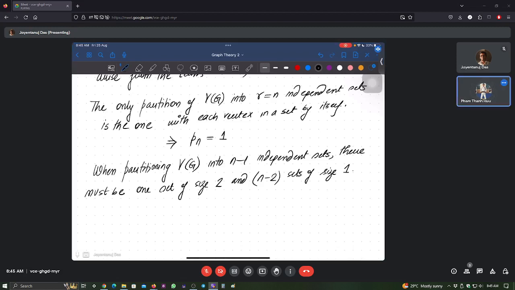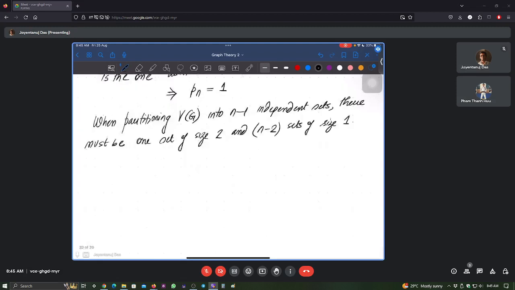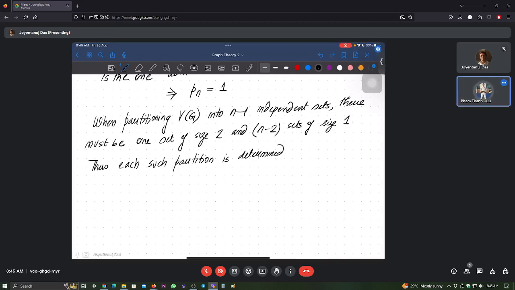So how many ways can we do it? Since the two-element set has to be independent, each such partition is determined by choosing two non-adjacent vertices, right?